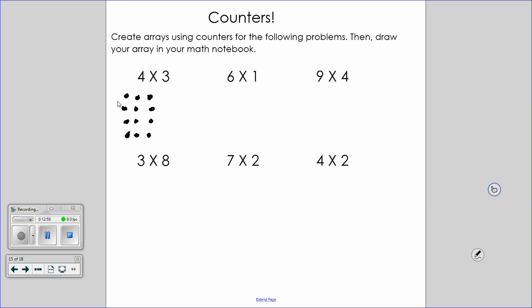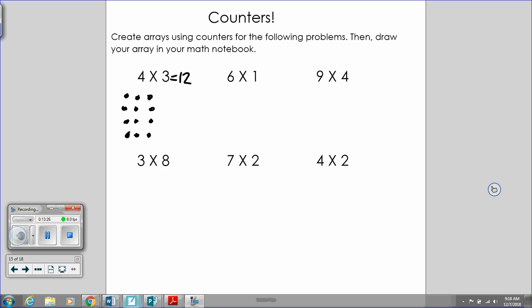Four times 3 equals what? 4 groups of 3. 4 rows of 3. 4 times 3 equals what? Nabiana? 12. Great. Clear counters. 6 times 1. 6 times 1, a little bit trickier. I have 6 groups of 1.